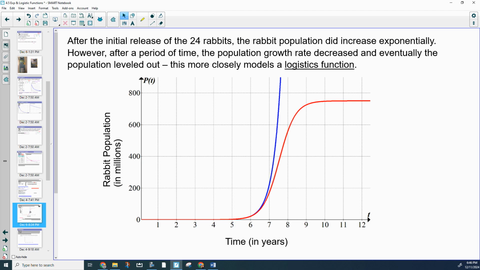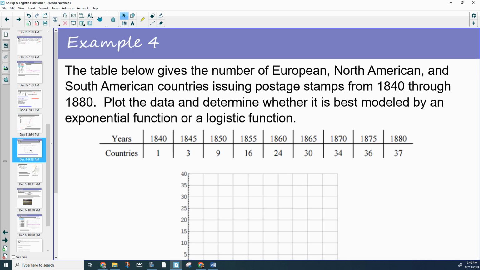So the table below gives the number of European, North American, and South American countries issuing postage stamps from 1840 to 1880. Plot the data and determine whether it's best modeled by exponential or logistic. So all they're asking us here is to put these dots on the graph.